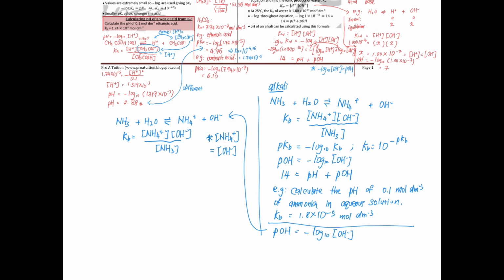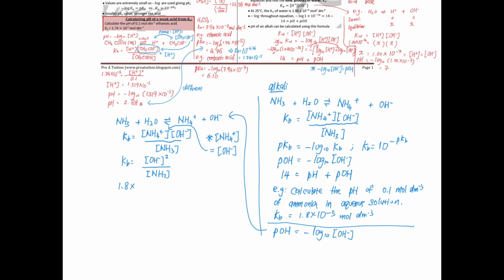Because of that, I can replace it with hydroxide ions power 2. We don't want the ammonium ion, so the ammonium ion is substituted by the OH minus concentration. Hence it becomes power 2, and at the bottom we keep the same thing.